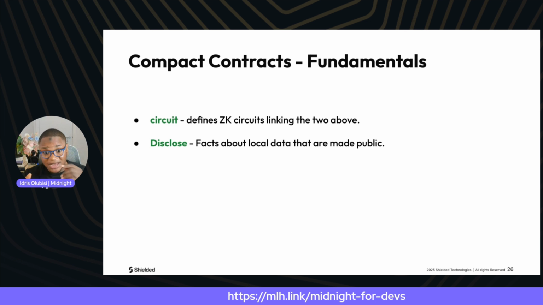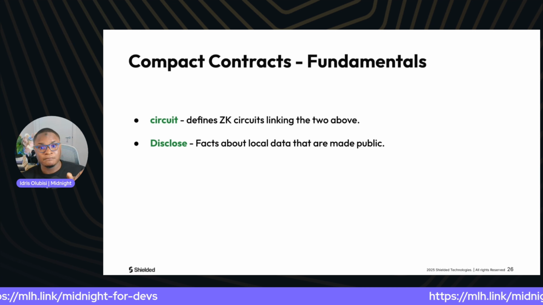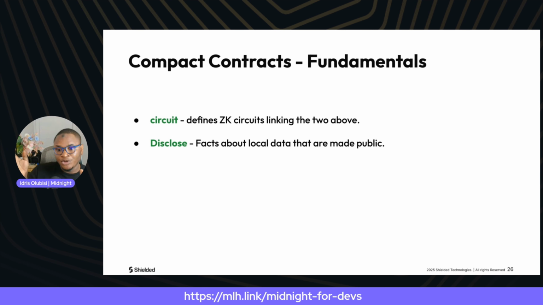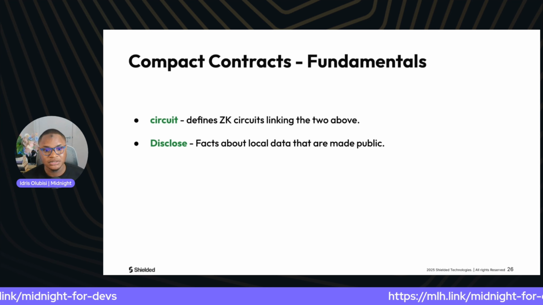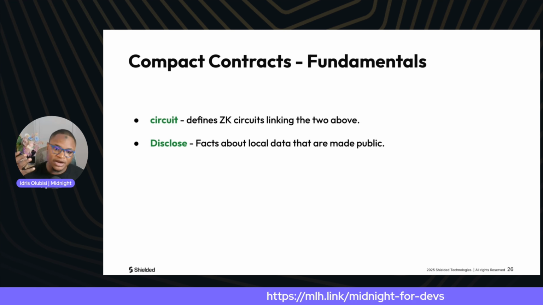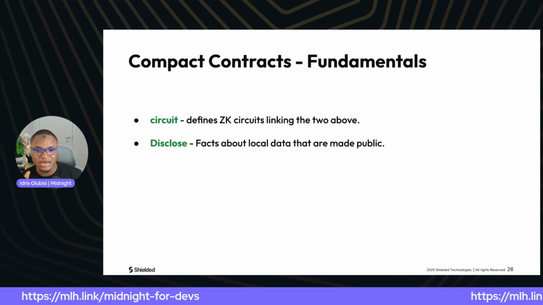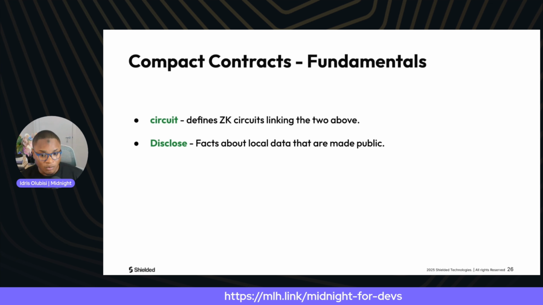That is you, the developer, explicitly acknowledging that, yes, I know this is going from private encrypted data to public, right? The compiler will refuse to compile if you don't have the disclose specified. So it's a very important safety mechanism that allows you to do things correctly and makes you aware of what you are doing when you are doing it.